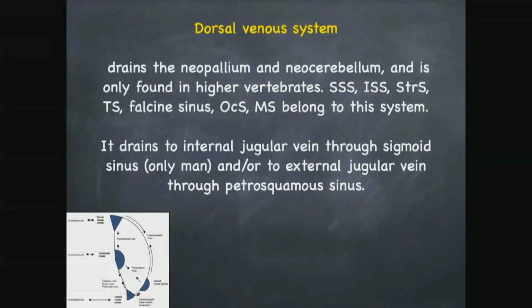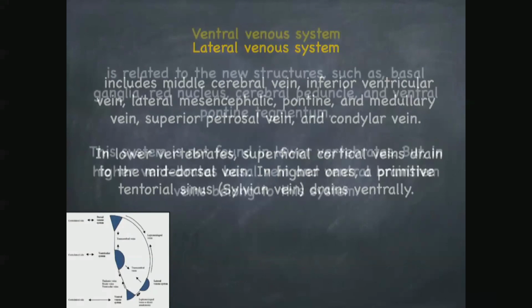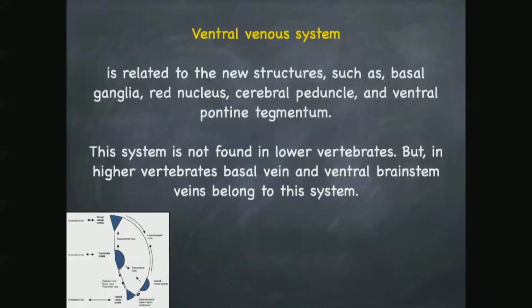It drains to the internal jugular vein through the cerebral sinus, or to the external jugular vein through the petrosquamous sinus. The lateral venous system includes the medial cerebral vein, inferior ventricular vein, and lateral mesencephalic, pontine, and medullary veins. In lower vertebrates, the superior cortical vein drains to the mid-dorsal vein. In higher vertebrates, the primitive tentorial sinus drains ventrally. The ventral venous system is related to the new structures, and this is not found in the lower vertebrates.